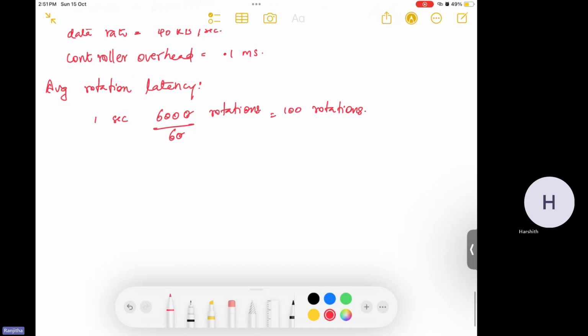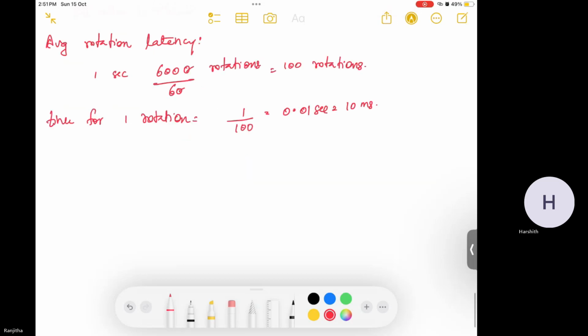So time for one rotation is 1 by 100, 0.01 second or 10 millisecond.